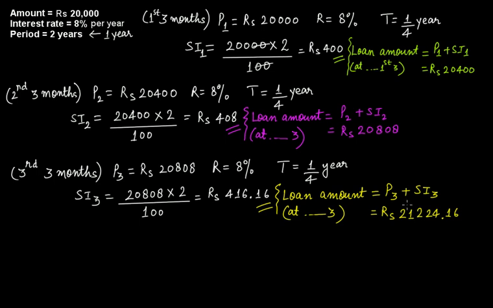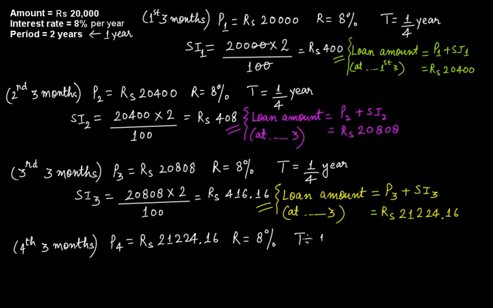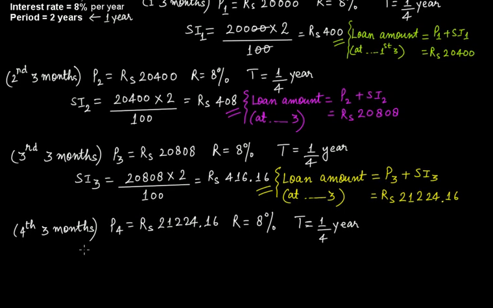Okay. Now this loan amount at the end of the third period of 3 months becomes the principal amount for the last period of 3 months, the fourth period of 3 months. Your principal becomes P4, that is rupees 21,224.16, the rate is equal to 8% and the time period is equal to 1/4 year. Now the interest that you will calculate is simple interest, SI4.